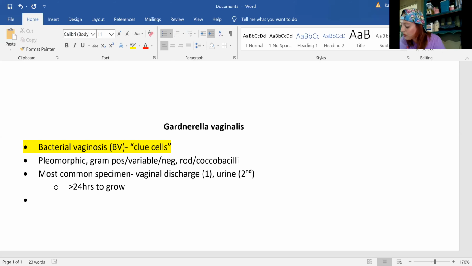And then what kind of growth does it need? On the SBA, it has pinpoint non-hemolytic colonies. First, I'd put the 5 to 7% CO2, which is what do you call that?